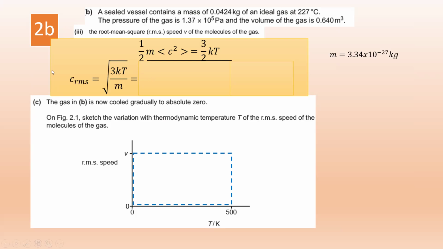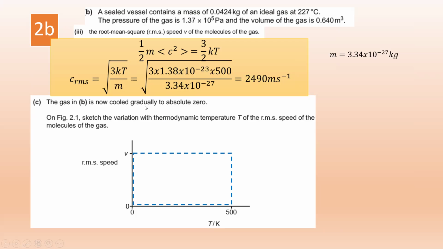Then you want c root mean square, so just rearrange the equation. Get that? Then put in your values, 3k times 500, and the mass is what we calculated previously. Can I get the answer? 2490.